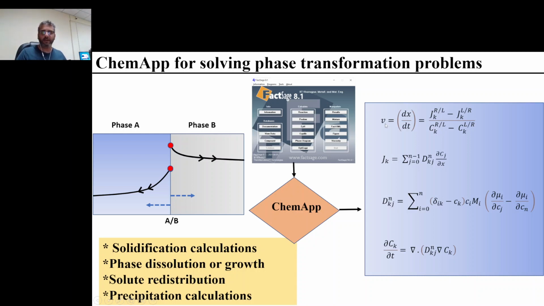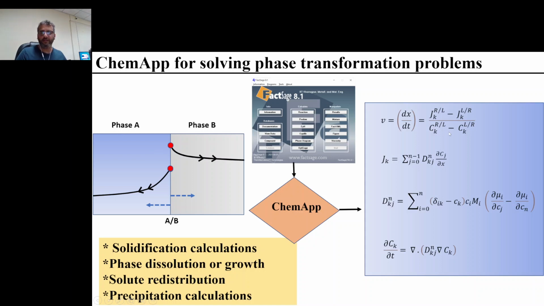The first equation refers to the interface velocity, which is in turn a function of the flux of a solute on the right side of the interface, as shown in the schematic, phase B. So JK would be the flux in phase B. JKLR would be the flux along phase A.